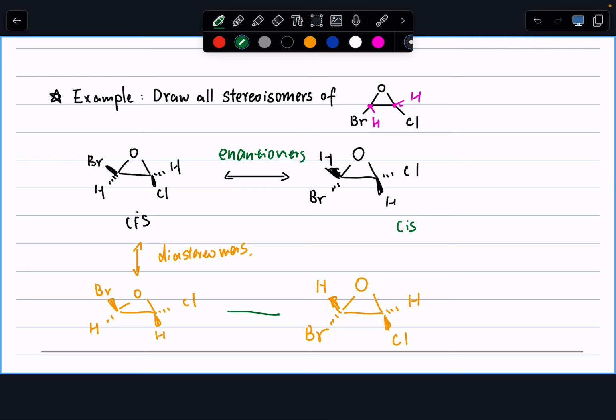And these pairs are also diastereomers. And then these are diastereomers. These are also diastereomers.